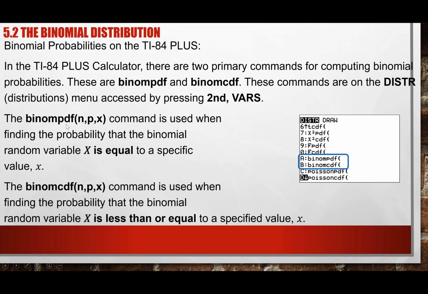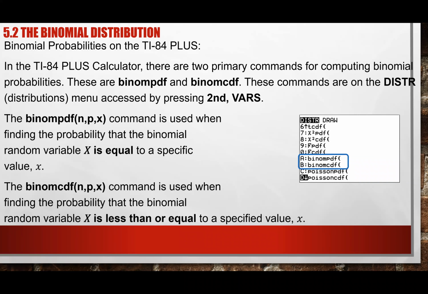Binomial PDF is when they ask you for a particular point, at one location. Remember in part A earlier, they asked what is the probability you get exactly 4 questions correct, right? Whenever it's a single point, I tell my students to think of the P in PDF as for a point, one given location.